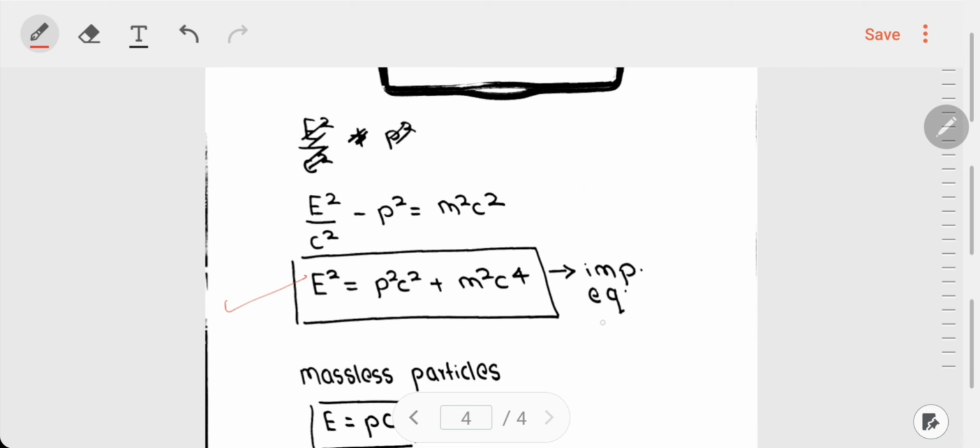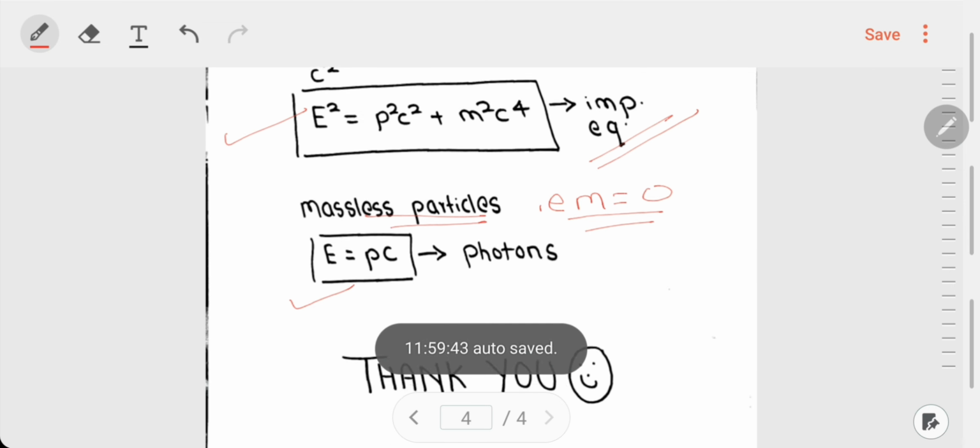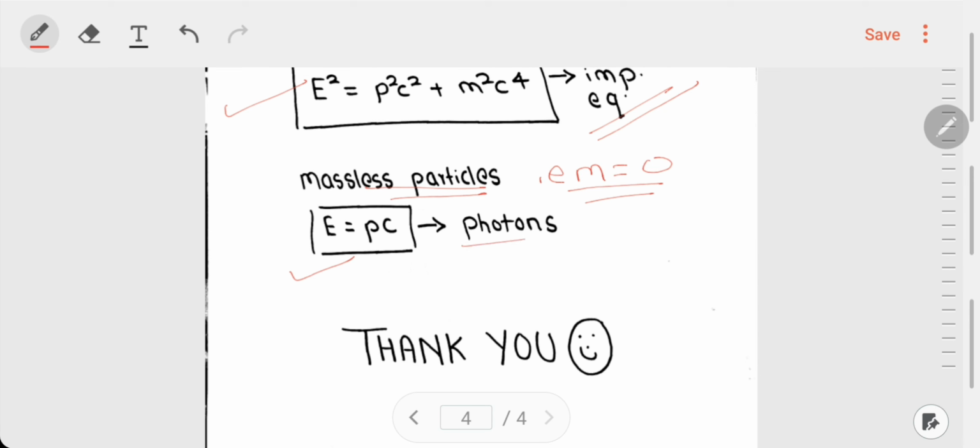This is a very important equation because if we consider massless particles, that is particles which do not have any mass, m equal to 0, even for such particles there is an energy which is given by E equal to pc, and that solely comes from their movement. Such particles are nothing but our famous photons, the quanta of light.